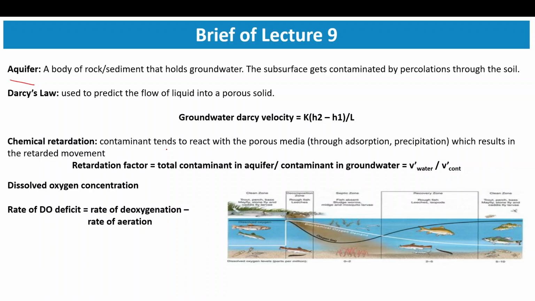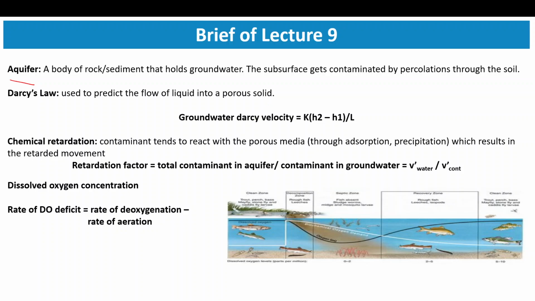Now, the water flow through that aquifer will be governed by Darcy's law. So this model is used to predict the flow of liquid, here which is water, into a porous medium, and here the porous medium is nothing but rocks, sediments, and porous solid.